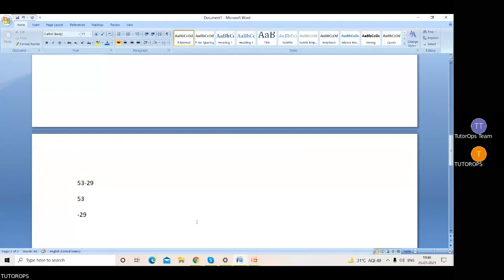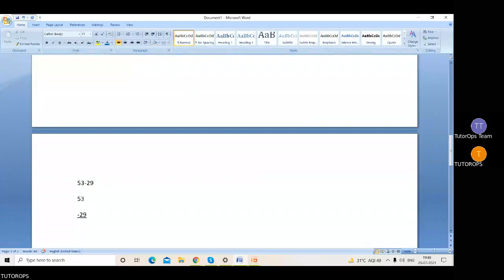In the left to right method, we first subtract 2 from 5, which will give us 3. But remember, 9 can't be subtracted from 3. So if 9 can't be subtracted from 3, we can't do the left to right method directly.